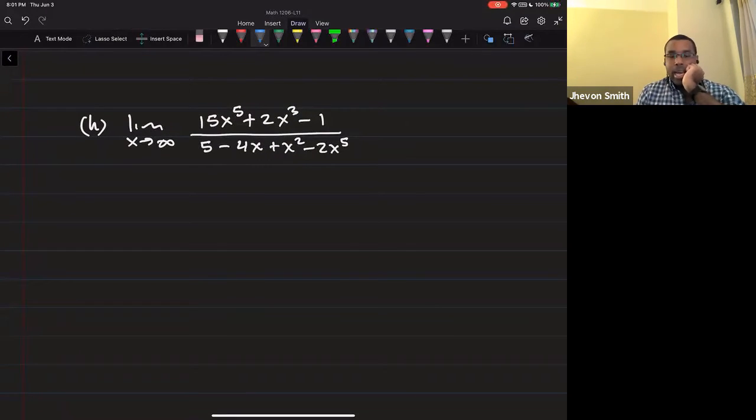Notice here that we have a polynomial divided by a polynomial. We have x approaching infinity, which means plugging in is never going to be an option. I also wouldn't want to graph this, and I wouldn't want to do a table of values for this. So it turns out that there is a trick that you can do in situations like this.